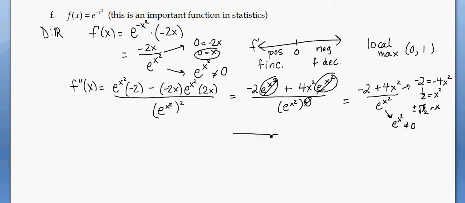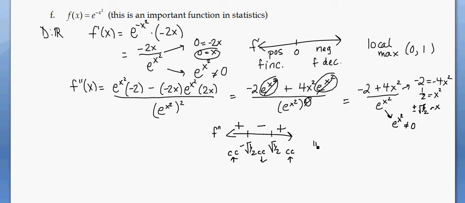So we're really just looking at what's happening on the intervals around negative the square root of a half and positive the square root of a half. So it breaks it up into 3 intervals. If we look at the second derivative on these intervals, we get a positive result, then a negative result, and then a positive result. So that's telling me that f is going from concave up to concave down, back up to concave up.